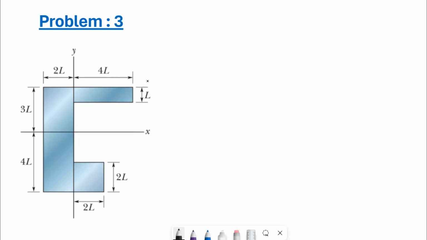So we're supposed to find the center of mass of this uniform object. Uniform means sigma, the area density or the surface density, is constant throughout the object. So that simplifies the problem by a large margin.